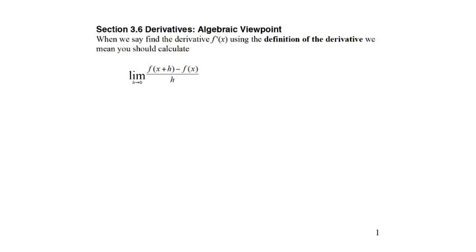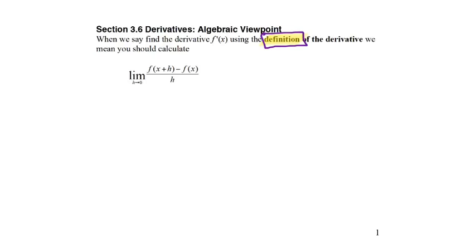We're working on derivatives, but specifically from an algebraic viewpoint. What that means is we're going to do the algebra math behind finding a derivative. We use f prime to represent a derivative, but the important part here is that we're focused on the definition of the derivative. Keep in mind, you'll have shortcut methods for finding derivatives later on.